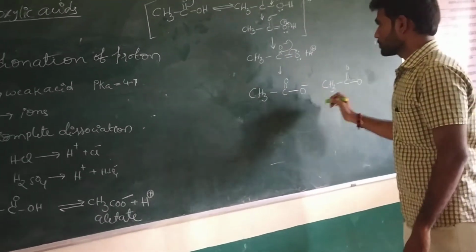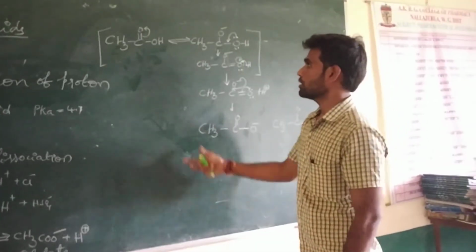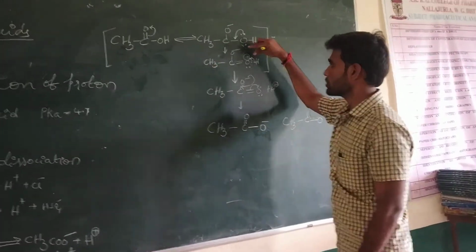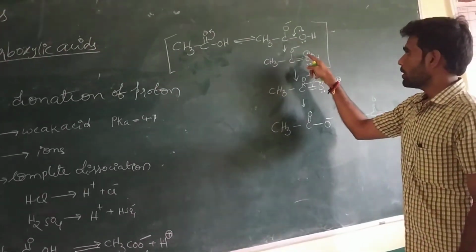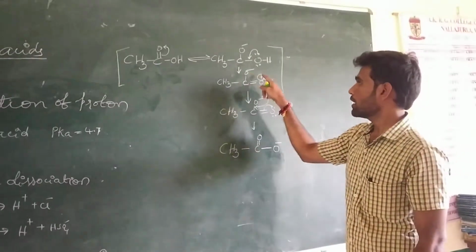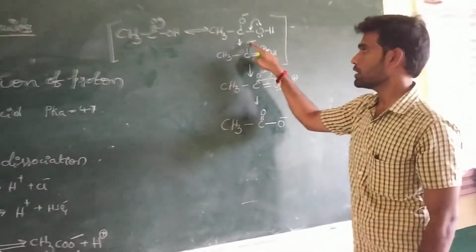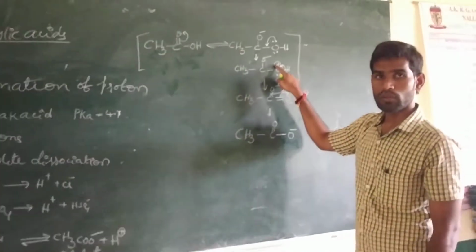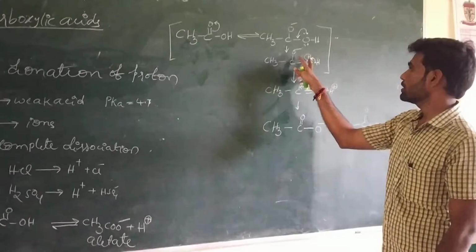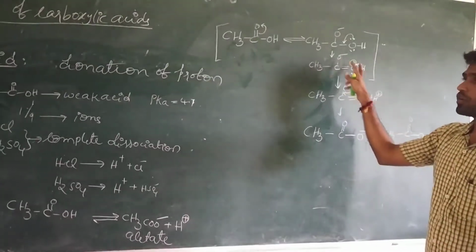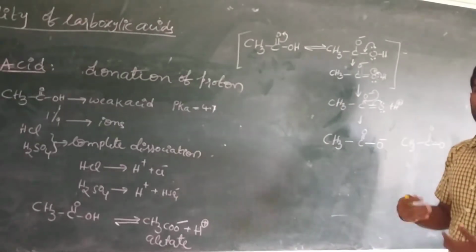Now see why the carboxylic acid undergoes dissociation. If you see the structure of the carboxylic acid, one oxygen atom has the negative charge and another oxygen atom has the positive charge. In the same molecule we have different charges, and in order to separate these charges into a single charge, we should apply energy.